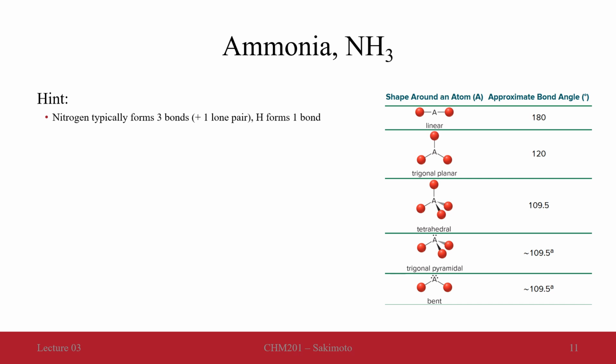So according to the structure, we have something very similar to what we saw for methane, of carbon surrounded by 4 bonds. Now nitrogen, in a similar variation, has 3 bonds and 1 set of lone pairs.